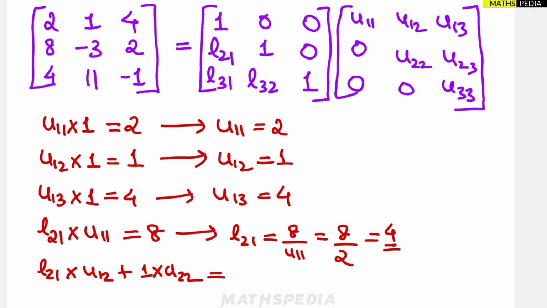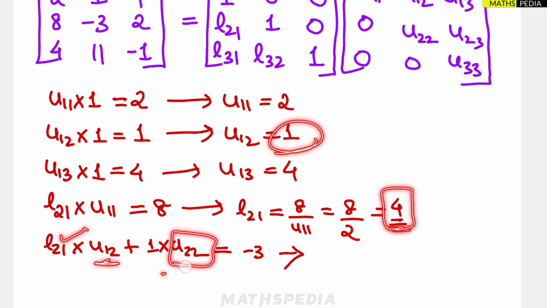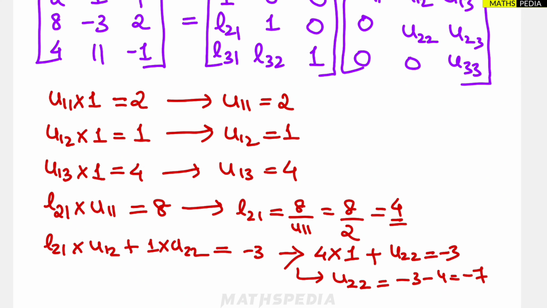So equal to which element I said? Minus 3. In this, which values do we know? The L21 value we just found out, which is nothing but 4. The U12 value we already know, which is 1. And the U22 value we don't know, but we can find it. So L21 is 4 into U12 is 1 plus U22 is equal to minus 3. So from this, U22 is equal to minus 3 minus 4, which is minus 7, right?